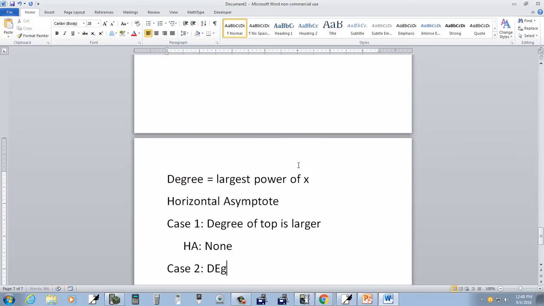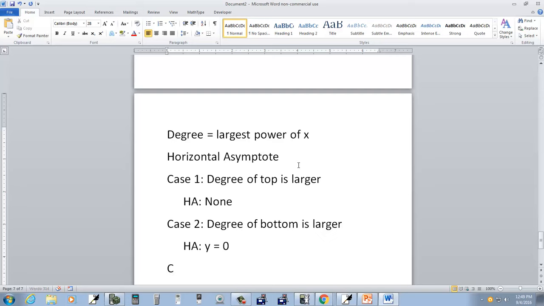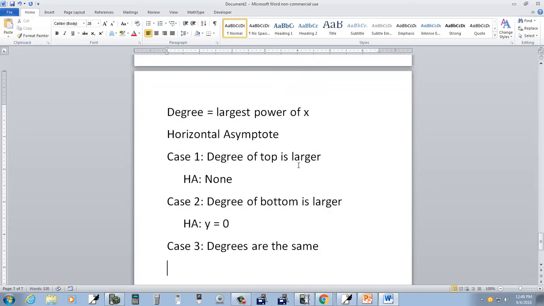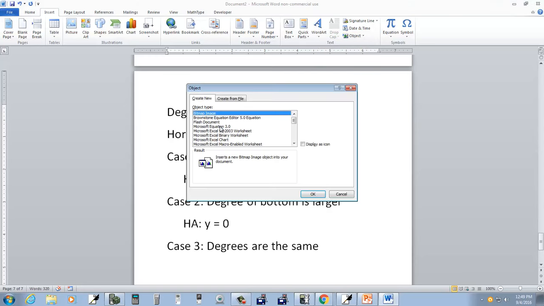Case 2. The degree of the bottom is larger. Then your horizontal asymptote is y is equal to 0. Case 3. Degrees are the same. And I like to do this with an example. Whenever I try to put this into words, it makes a really straightforward concept relatively difficult.